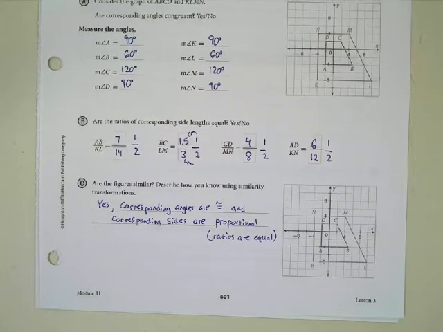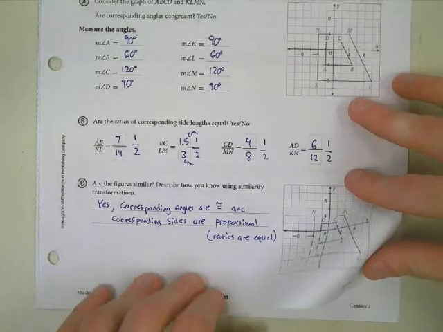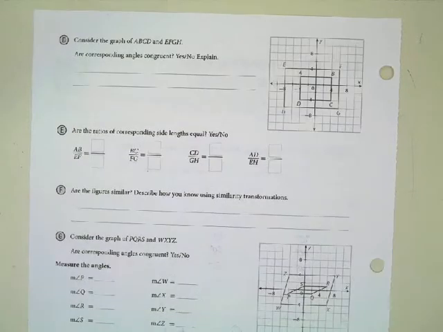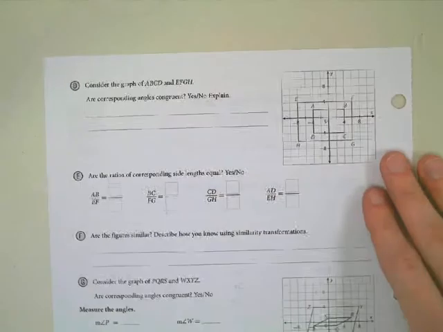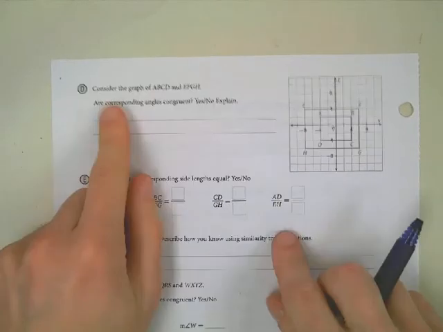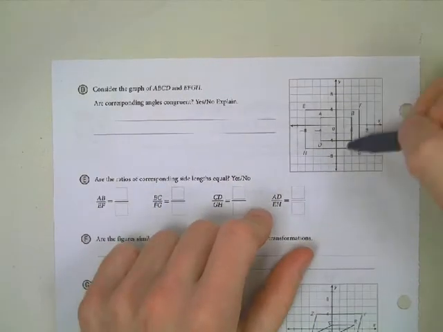Okay. Next, let's flip it over here. So let's look here at letter D. Letter D says, consider the graph of ABCD and EFGH. Are corresponding angles congruent? Yes or no?